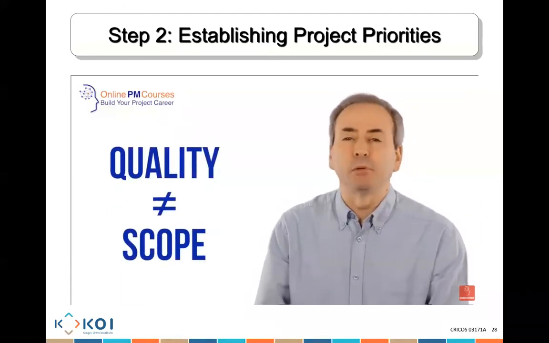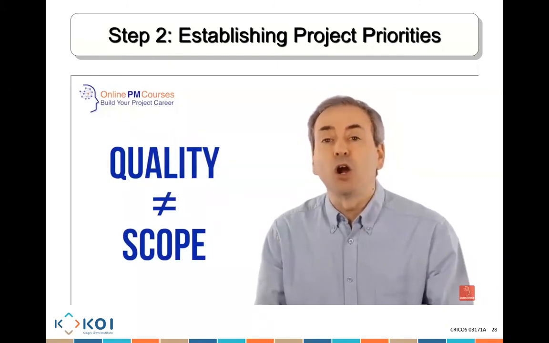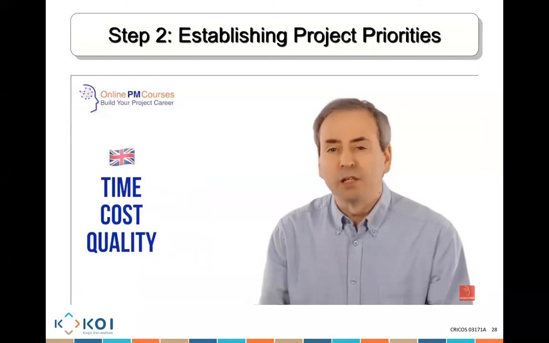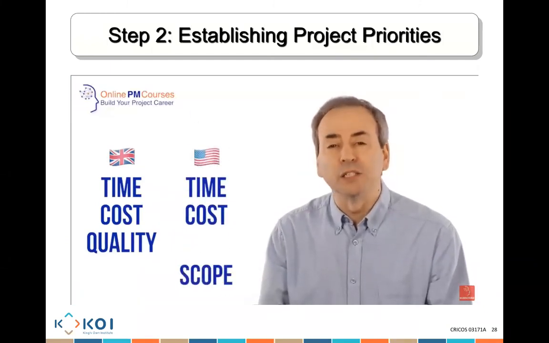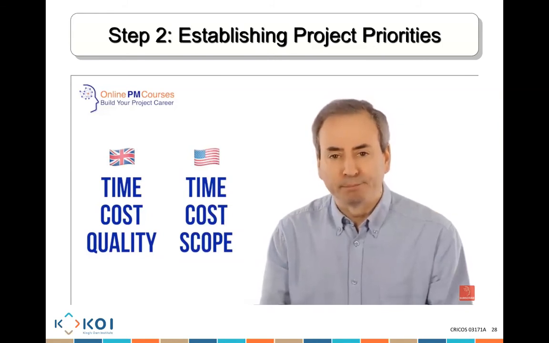Like most British project managers, I learned the iron triangle as time, cost, and quality. Most US-based project managers know the iron triangle as time, cost, and scope, which is how the PMI's project management body of knowledge represents it.